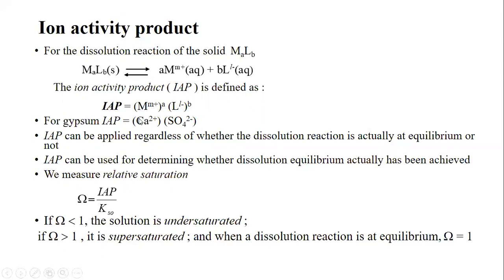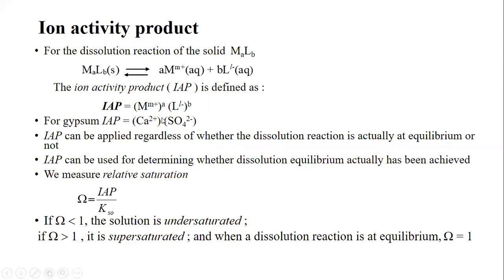Then in that solution we also determine I, the ionic strength. After we know the ionic strength, we find gamma of calcium. After we find gamma of calcium, we multiply by the concentration of calcium to find the activity of calcium. So remember those steps we already went through.